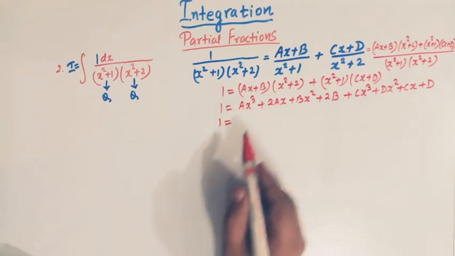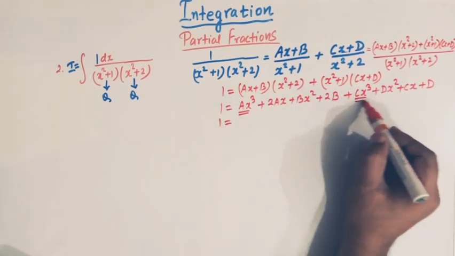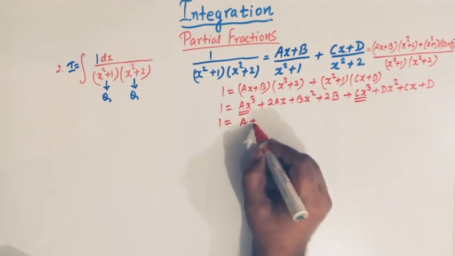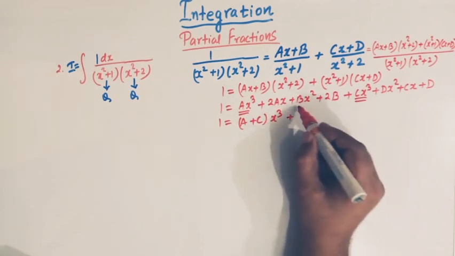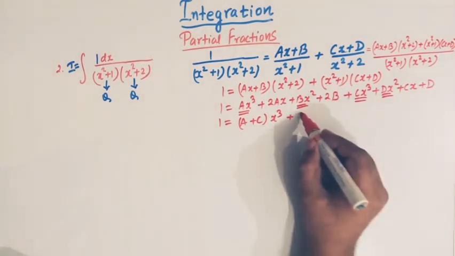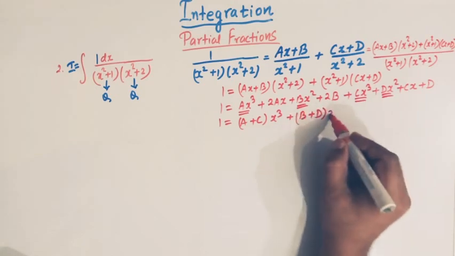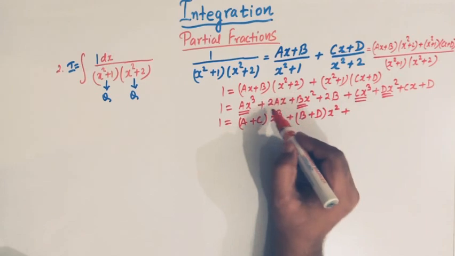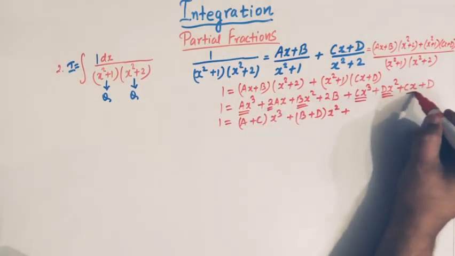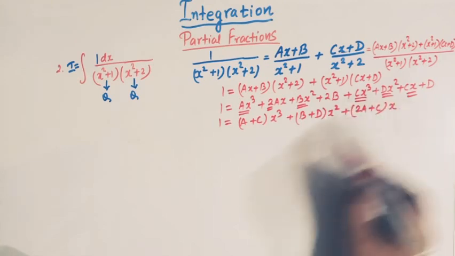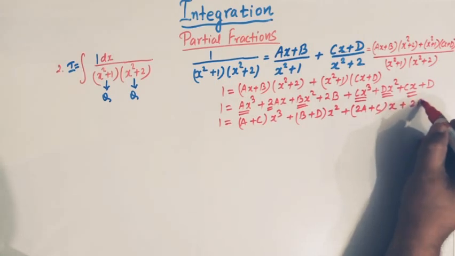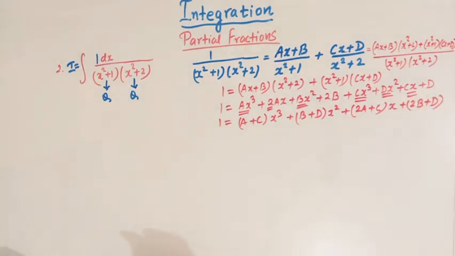Now if we collect the like terms, then we have a plus c times x cube, then b plus d times x square, then we have the terms 2ax and cx, this is 2a plus c times x, and then we have 2b plus d. Now we will compare the coefficients of both the sides.